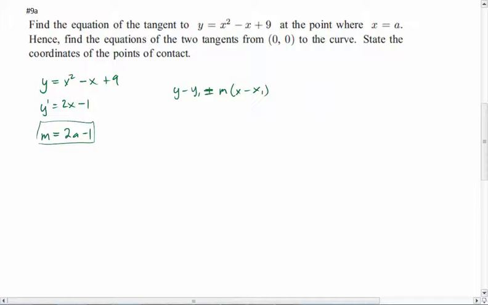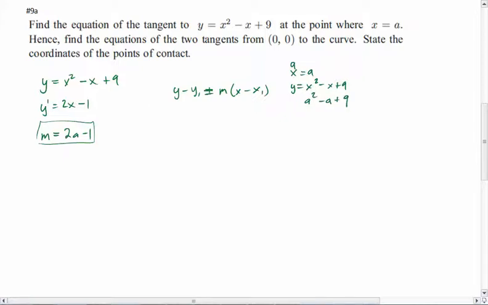Now, a point, obviously, the x value is x, the y value is, well, I don't know what else it could be, so it's just going to be x squared minus x plus 9. And of course by that we mean at a, and so x is going to be a, and then y is going to be a squared minus a plus 9.